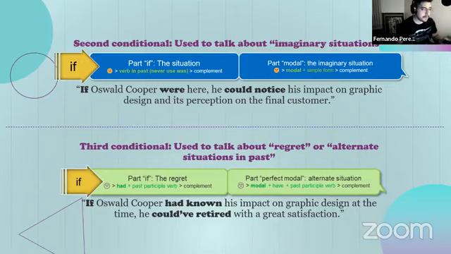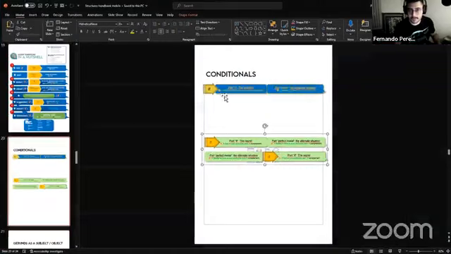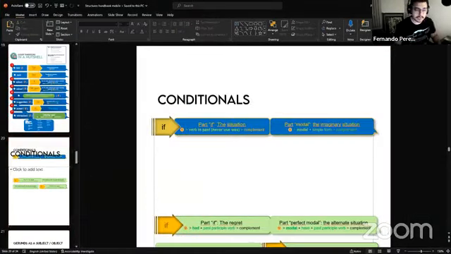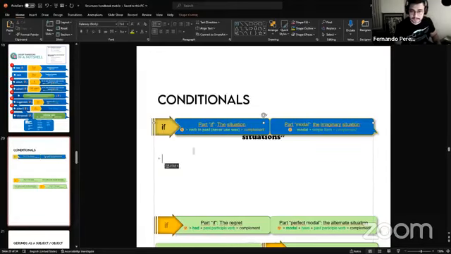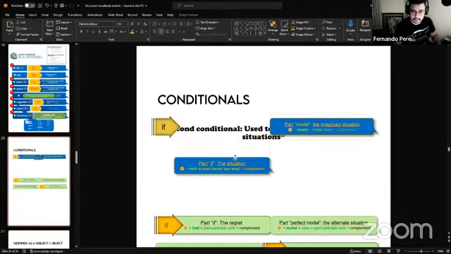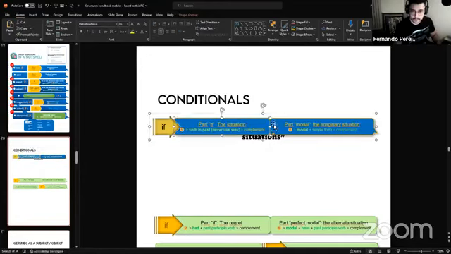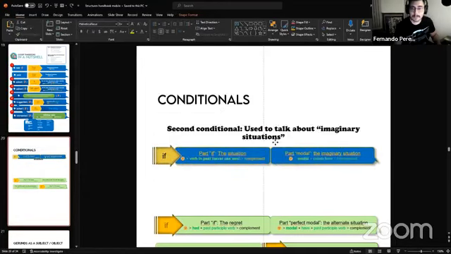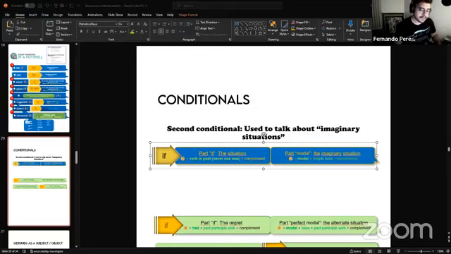Well, people, we are going to add this to the structure handbook. Conditionals, the second one is this. And the third one is that.